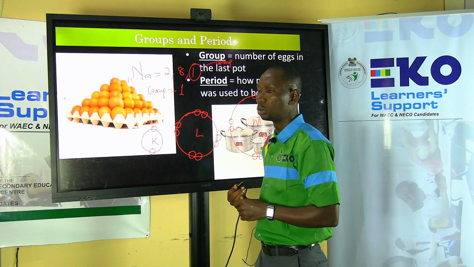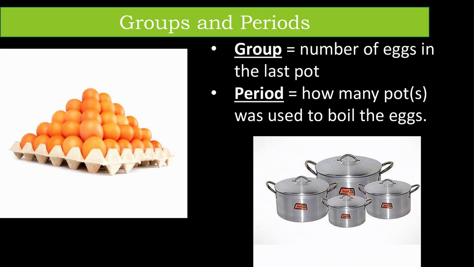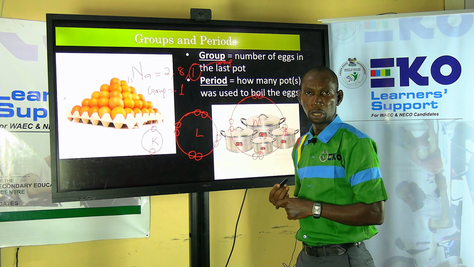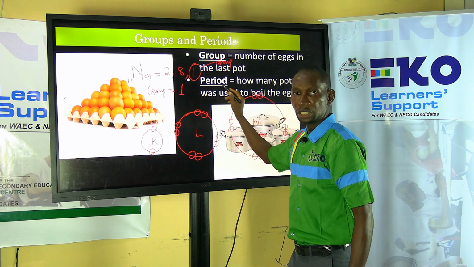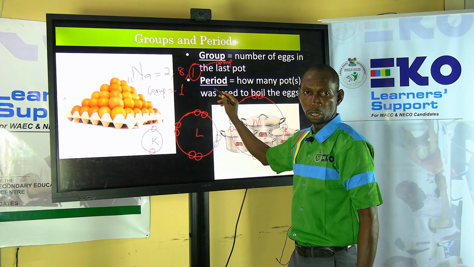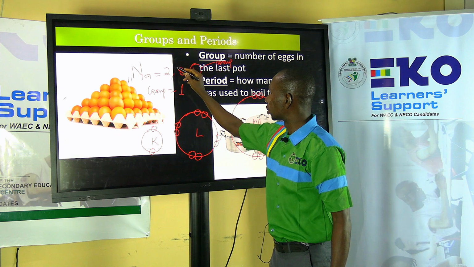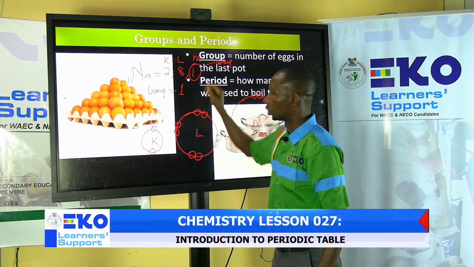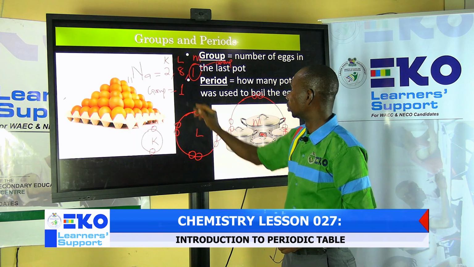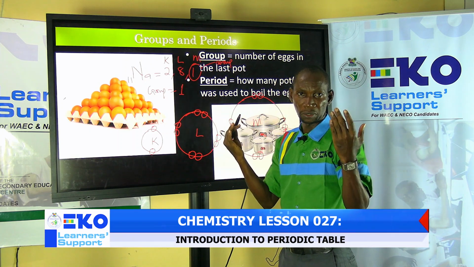Now, how then do we figure out periods? The period is actually the number of shells that we are able to fill the electrons into. Let's just stick to sodium to explain this. If you look at the distribution of electrons of sodium, we're able to place electrons into the first shell, the second shell, the third shell. So in total, we are able to fill up 3 shells.